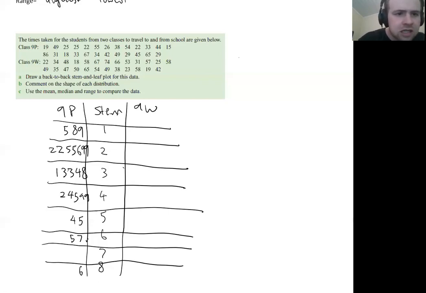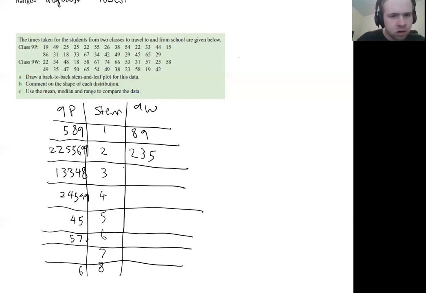Okay, let's do the same for 9W. We have an 18 and we have a 19. So 8 and 9. For the 20s, we have a 22, 23 and a 25. I don't see any other 20s, so 2, 3, and 5.